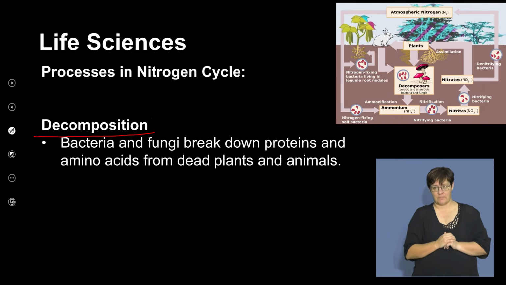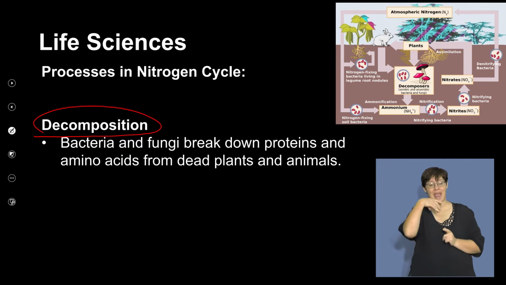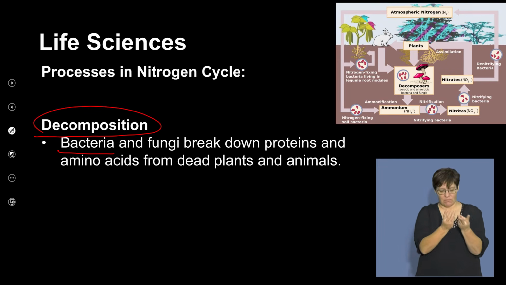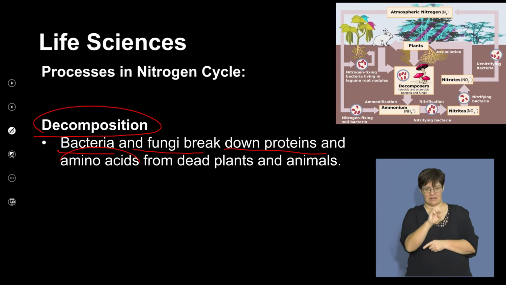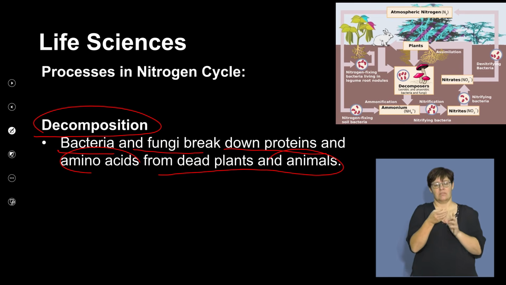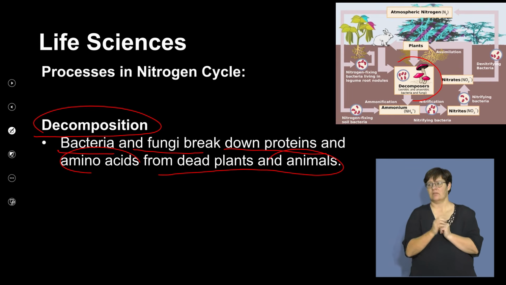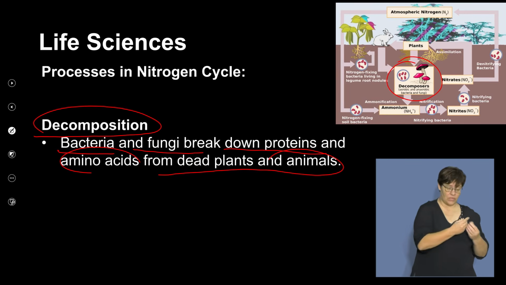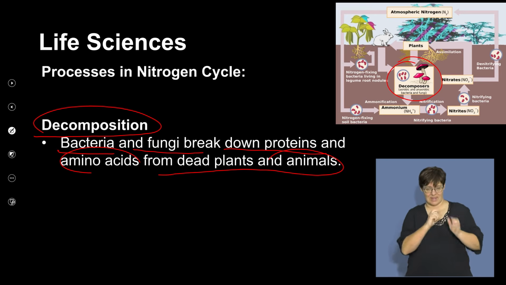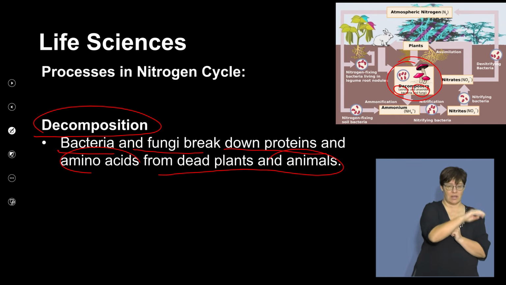As I mentioned, the process of decomposition relies on bacteria and fungi breaking down the proteins and amino acids from dead plants and animals. Decomposition is a significant process where respiration occurs either with oxygen or without oxygen, and we refer to those as aerobic and anaerobic respiration.